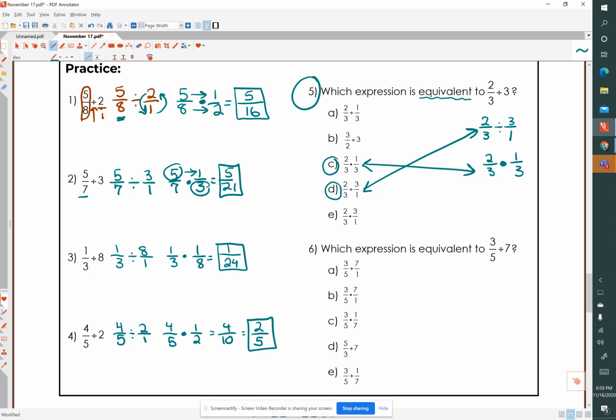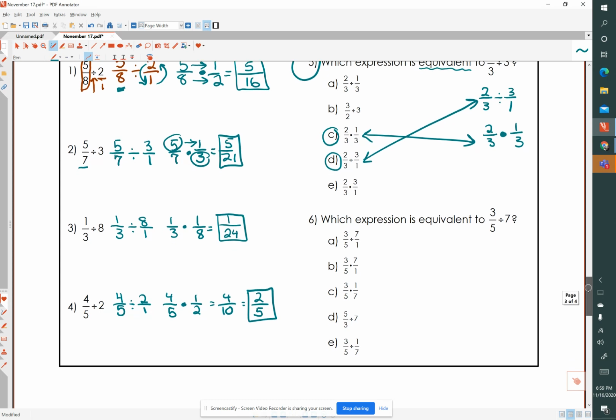So try the next one on your own. Pause the video and try to do it on your own, students. Okay, let's see how you did. So let's rewrite 3/5 divided by 7/1, and then we will find the reciprocal of the second fraction by flipping it. 3/5 times 1/7.